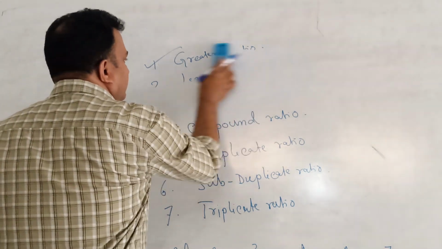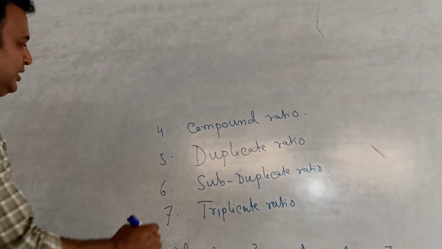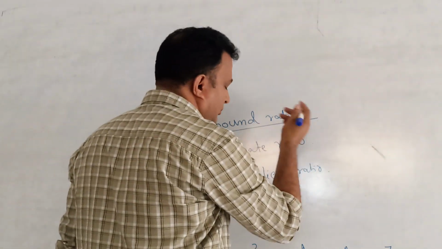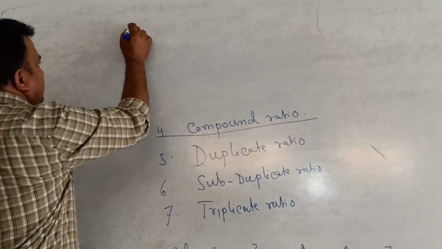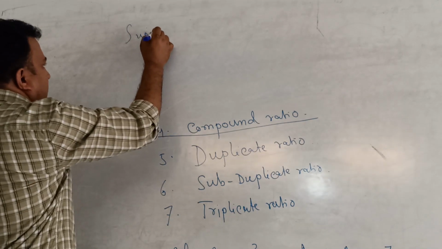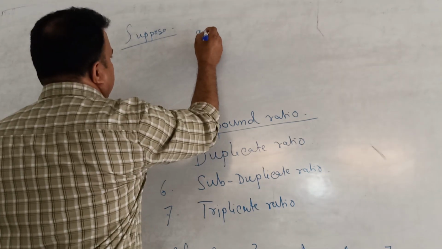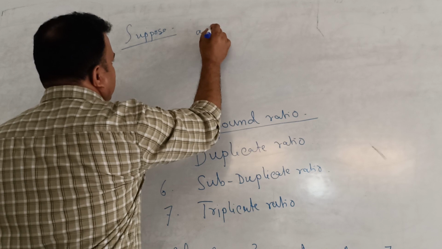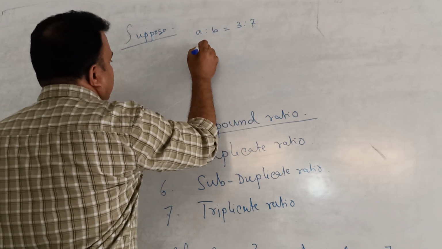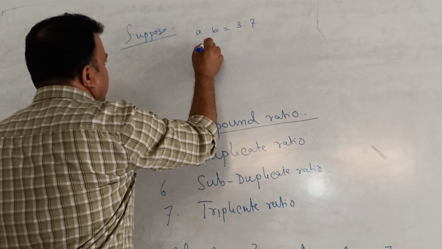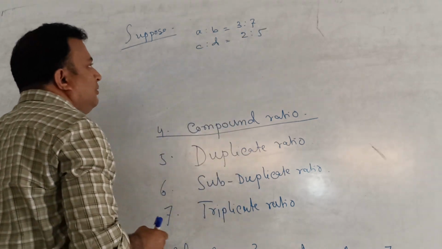Again, what is compound ratio? This is compound ratio. Suppose A is to B is equal to 3 is to 7, and C is to D is equal to 2 is to 5.